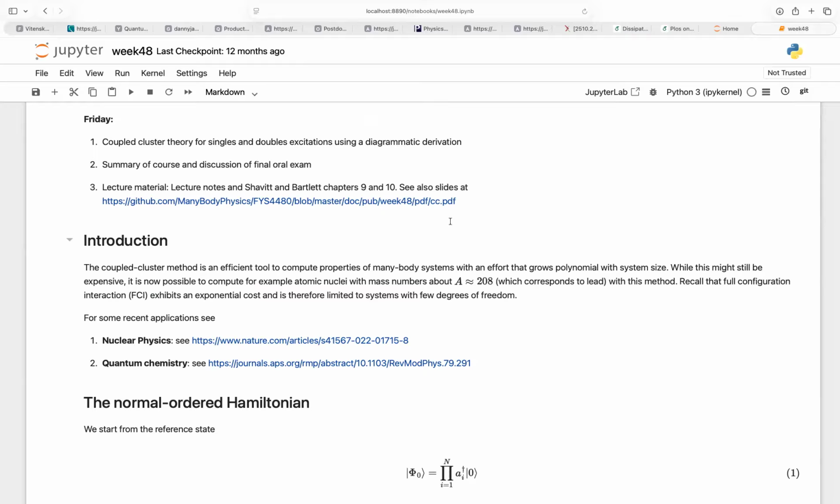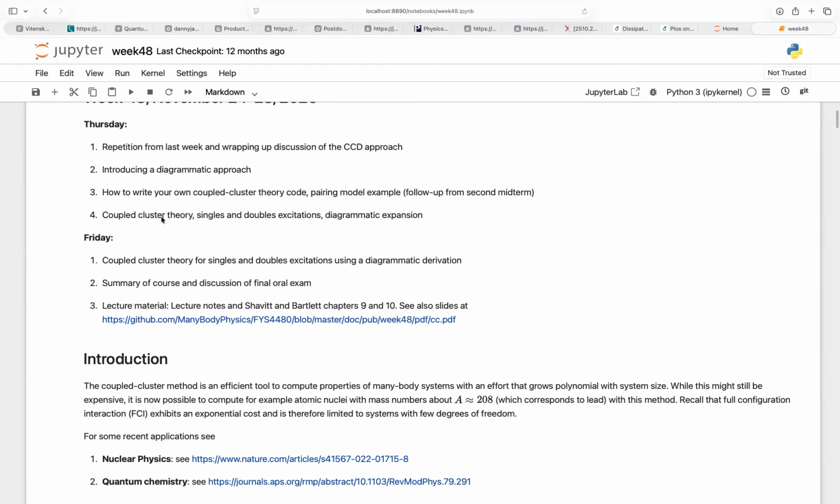So what I'm going to do now is simply to remind you of the coupled cluster theory with doubles excitation only, and look at some of the terms which we get, and then use that one to switch over to a diagrammatic representation. And if we get time, then we are going to jump into the singles and doubles excitations, and we will use that one to remind ourselves about diagram rules as well.